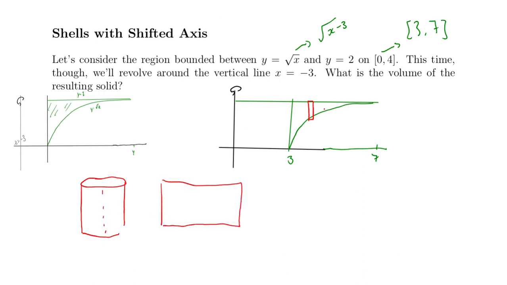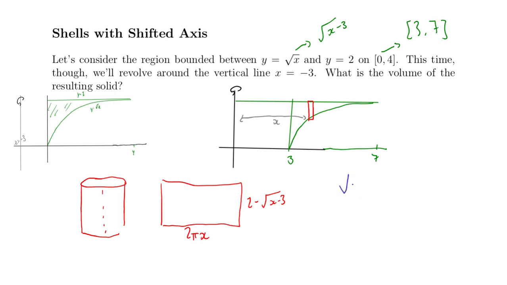The height is 2 minus our square root function, which is now 2 minus the square root of x minus 3 with our horizontal shift involved. Our radius now, though, is just x, which is kind of nice because it's just measuring the distance from our rectangle to our y-axis. So on the bottom of our rectangle, we have 2 pi x, kind of like we're used to at this point.